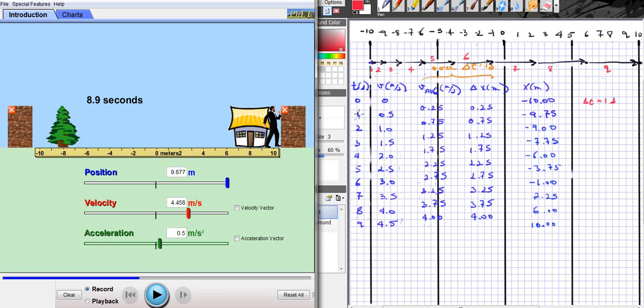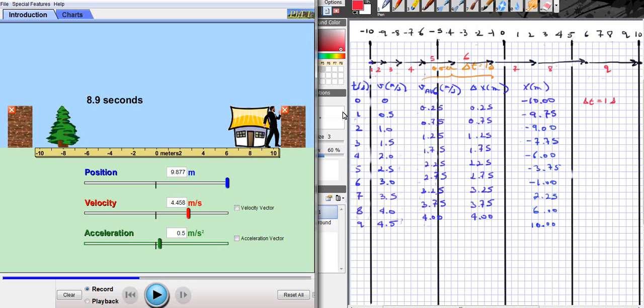Then for the next second, his instantaneous velocity starts at 0.5, and at the end of that second, at time t equals 2, he has 1.0 meter per second. The average between these two numbers is 0.75. So you can see the difference of 0.5 between these two.